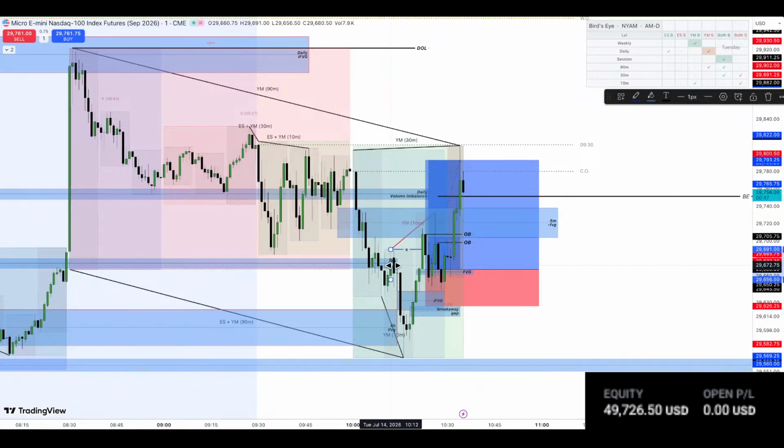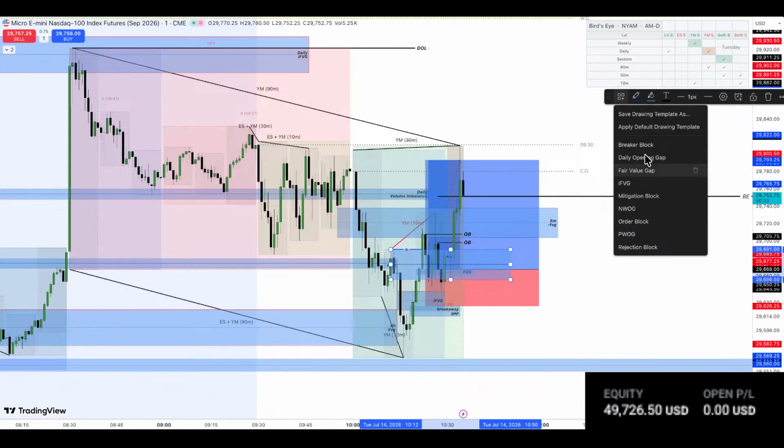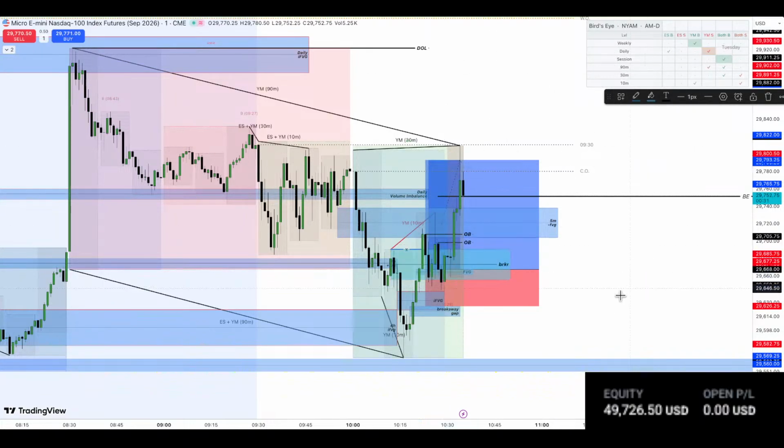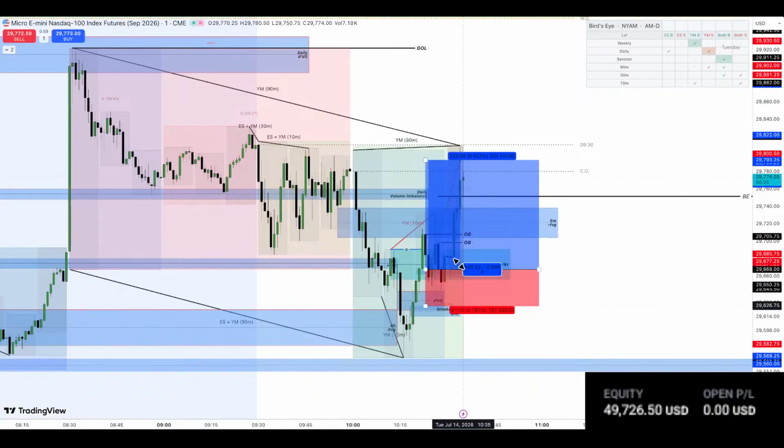This is our bullish breaker. This is our change in the state of delivery. So I waited for price to close above it and then used this fair value gap as my entry, and my stop loss is on the high of the breakaway gap.